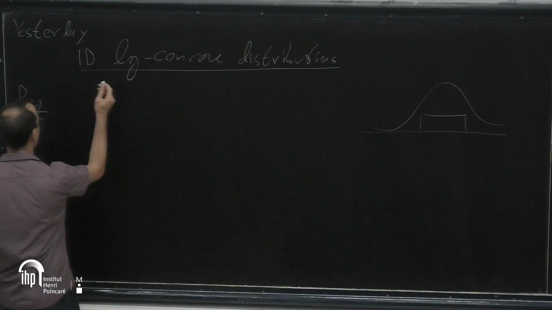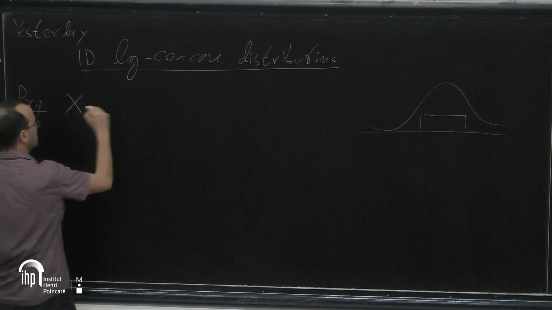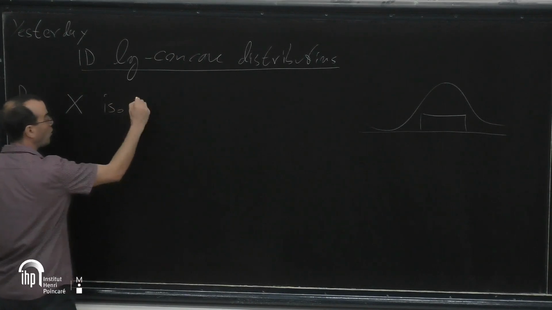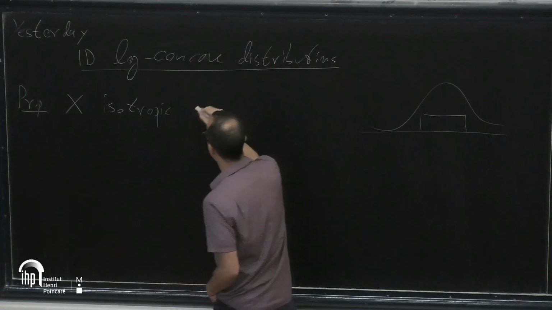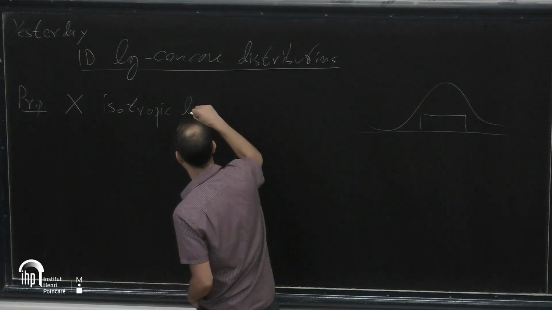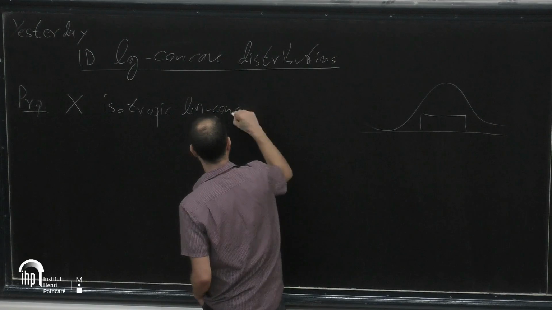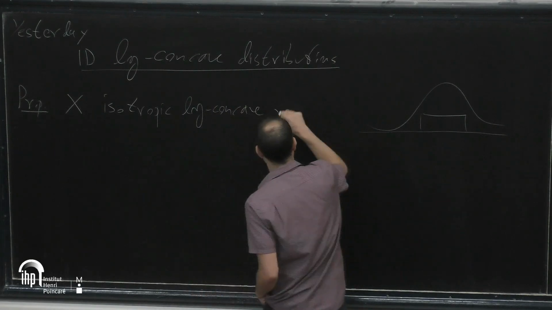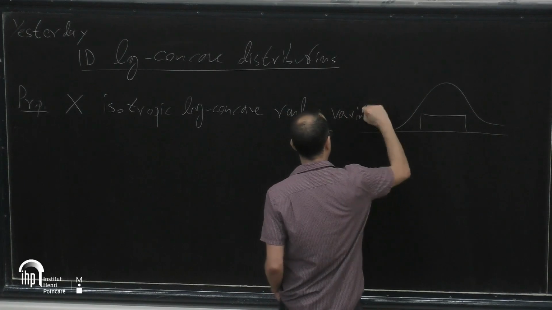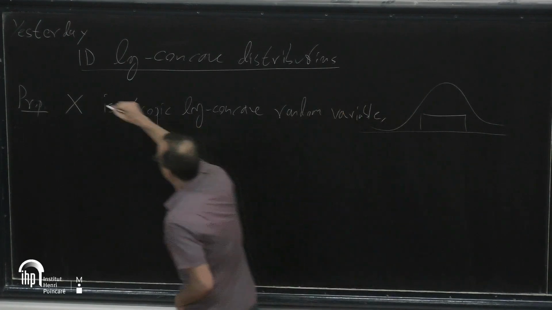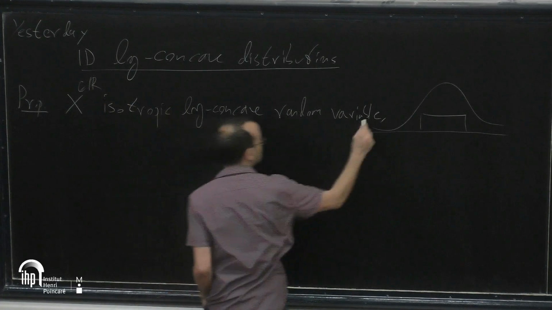So if x is isotropic, meaning zero mean and variance 1, an isotropic log-concave random variable in R. Let me emphasize it's in R, and the density is rho.